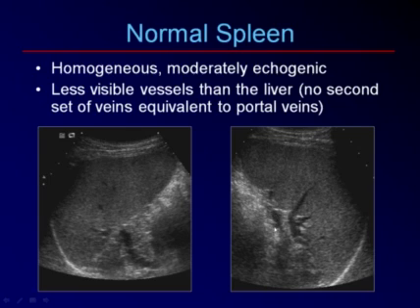The spleen has a different architecture. It's made of red pulp, white pulp, so it has basically a nice homogeneous texture with a few little vessels penetrating it that you can see near the hilar area. It's homogeneous, moderately echogenic.